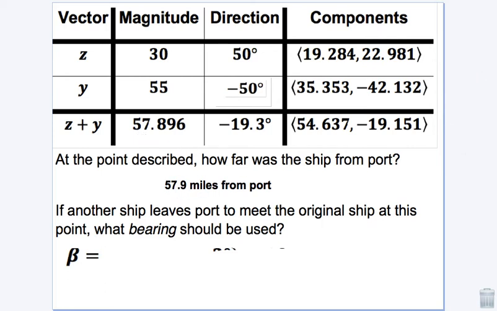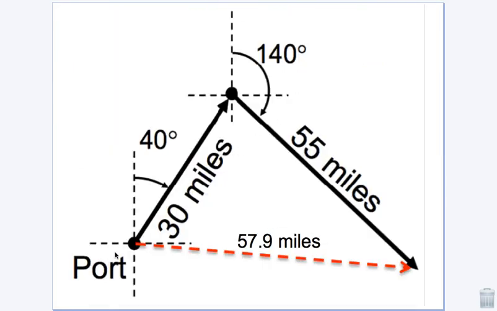That's fine. And then the next question, if another ship leaves port to meet the original ship at this point, what bearing should be used? All right, let's look back at our diagram. We have the ship going 30 miles this direction, 55 miles this direction, and notice where my arrow point is on the resultant vector.